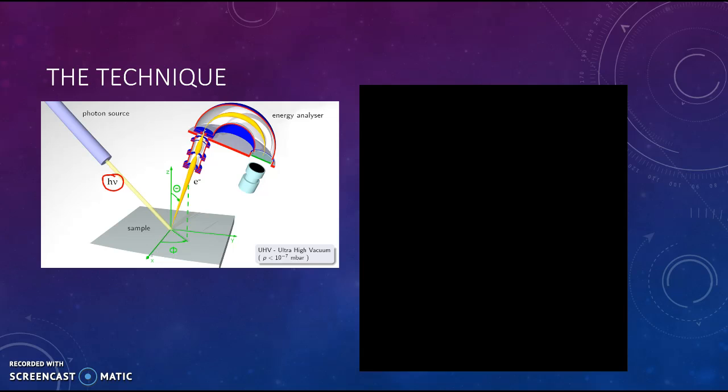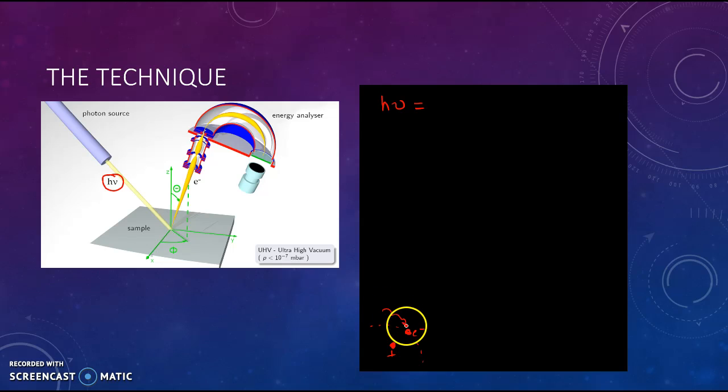Okay, let's lay some math on it. This h nu over here is the total energy that is given to the electron. The photon hits the electron, and it's going to give the electron a certain amount of energy. Two things are going to happen. So I'm going to write this down here. Here's our positive nucleus, and here's our electron right here.